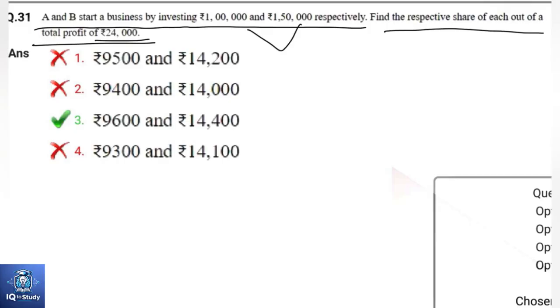The total investment is equal to 1 lakh plus 1,50,000, which is equal to 2,50,000 rupees, which is also known as total profit.